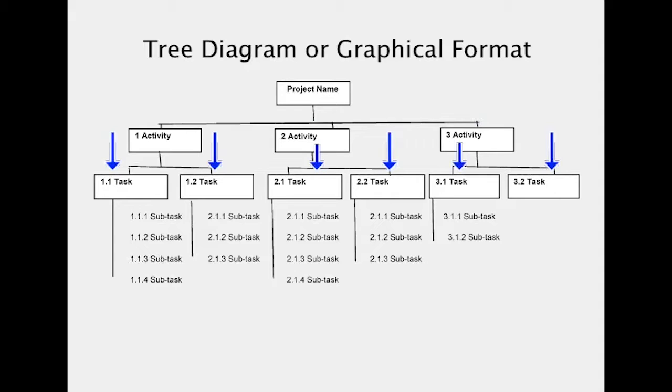Each activity is again broken down into tasks and they are indexed as 1.1, 1.2, and the second activity is divided into 2 tasks and the third activity is divided into 2 tasks. These tasks are again subdivided and they are called subtasks. It is all just about breaking of the main project into different levels of subtasks.